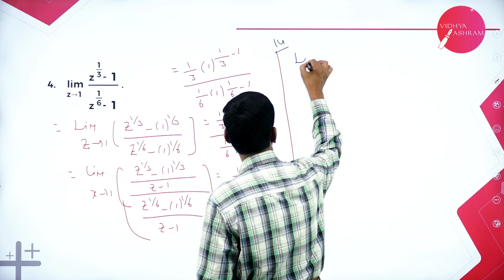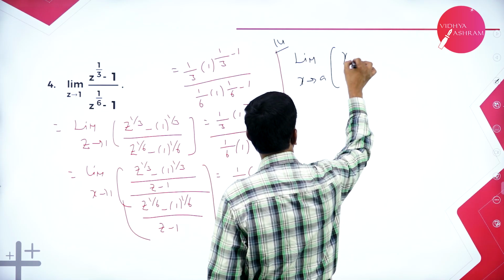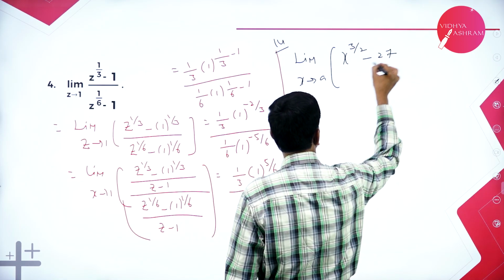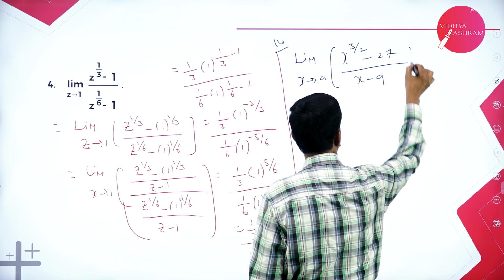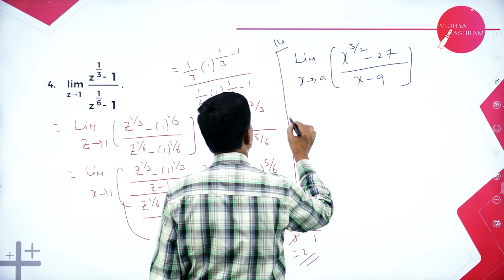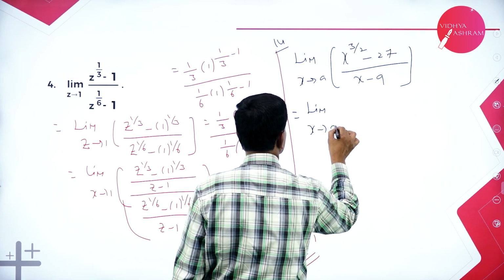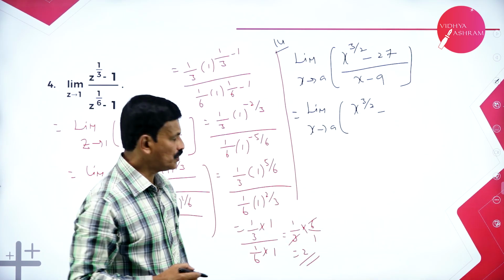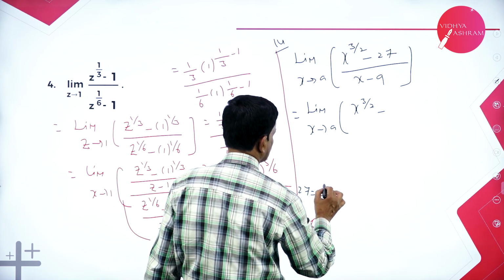Similarly, suppose it is limit x tends to 9 of x to the power of 3 by 2 minus 27 divided by x minus 9. How to write 27? 27 can be written as 3 cube.